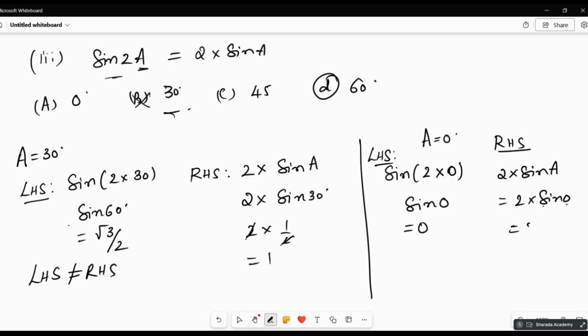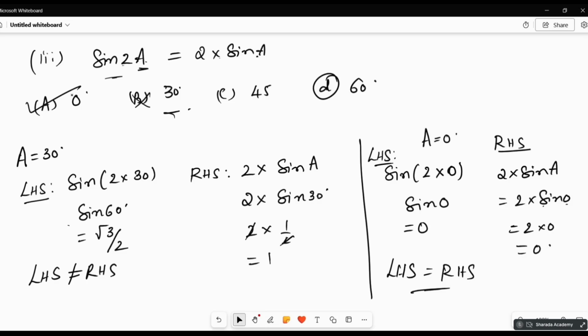Sine 0 is 0. Here, you are getting LHS is equal to RHS. That is, for A is equal to 0 degree, we have sine 2A is equal to 2 times sine A. So this is the correct option. So here what you have to do is substitute the answer itself. So which is the correct one?